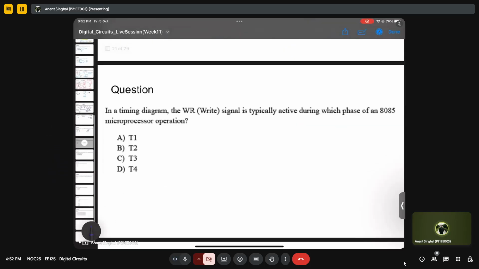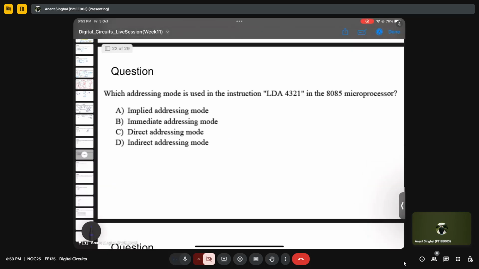It says in the timing diagram, the write signal is typically active during which phase? Okay, so I think this is direct. It is, I think, T1. Let's move this question ahead.